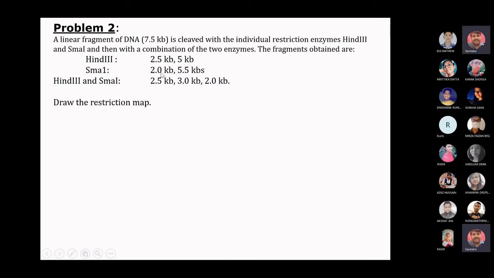SMAW1 is also giving two fragment, 2 kb and 5.5 kb, and the combination of these two is giving you three fragment, 2.5 kb, 3 kb and 2 kb.